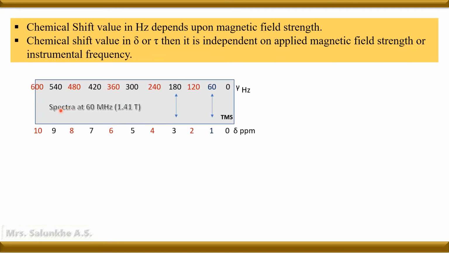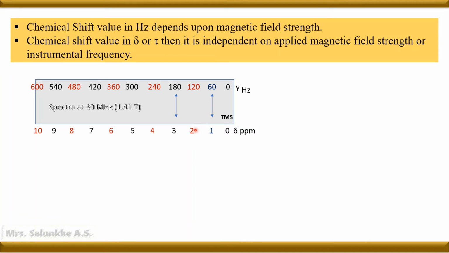Suppose the spectrum is taken at 60 megahertz, that is, the irradiated radio frequency is kept at 60 megahertz and the applied magnetic field strength is 1.41 Tesla. At that time, the 0 chemical shift value is for tetramethylsilane, and for a 60 megahertz spectrum, 1 ppm corresponds to 60 Hertz.